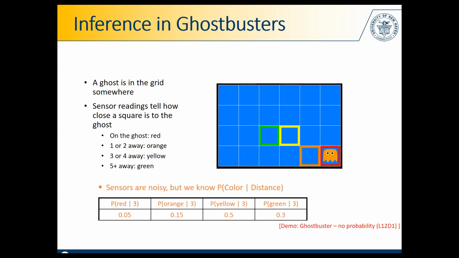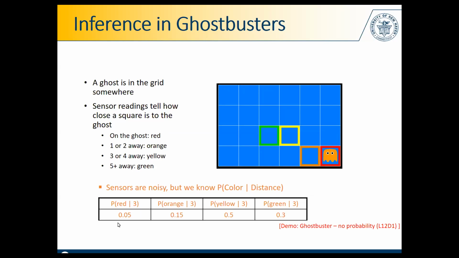Now, we, of course, as I mentioned, don't know the exact position of the ghost, but we do have a probe. We have a sensor that we can put on different grid cells and get a measurement of how close we are to where the ghost is. Now, these sensors are noisy, but they can still give us some indication of how close we are to the ghost. So if we are on the ghost, it can be red.